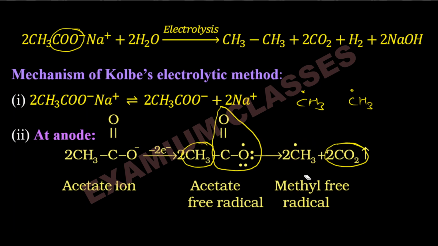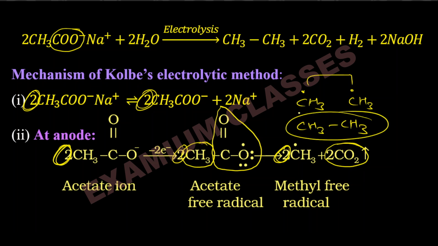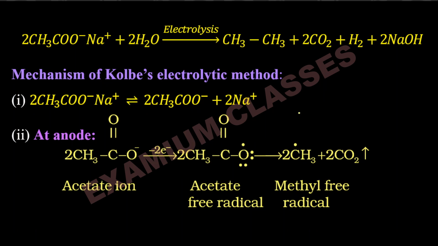Remember, I am writing 2 everywhere. Intentionally I am writing 2 here, because if I write 2, I will get 2 CH3. It is easier to explain that these 2 electrons will join, and I will get CH3CH3, that is ethane. So that is what will happen in the next step.